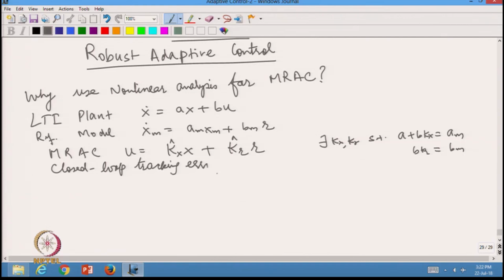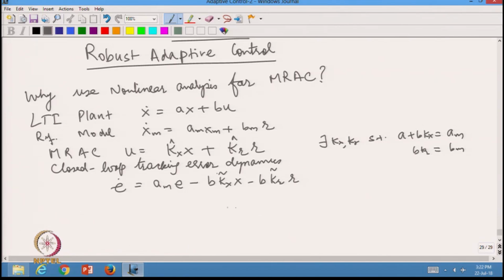So, tracking error dynamics are given by e dot equals A m e minus b k x tilde x minus b k r tilde r.